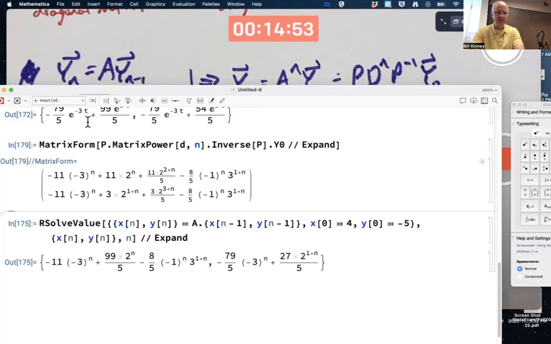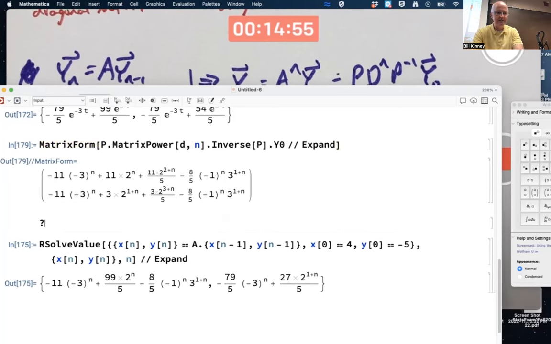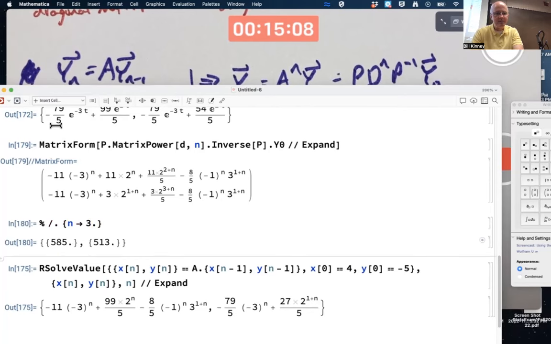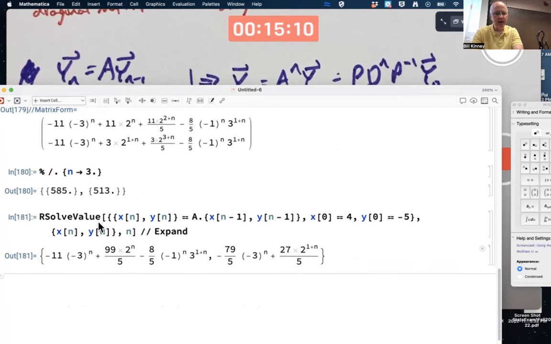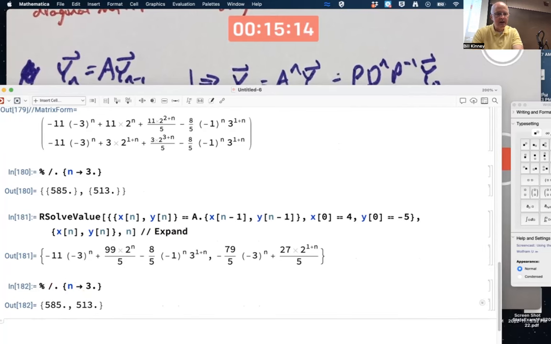I suppose we could check it by plugging in a value of n and simplifying that. Take the preceding output and plug in n equals, say, 3 with a decimal to make it round. And then I'll do the same thing here. I'll take the preceding output and plug in n equals 3. Yeah, looks good.